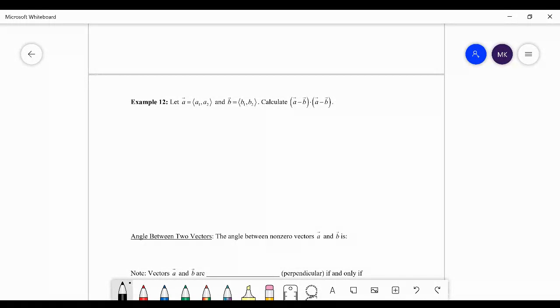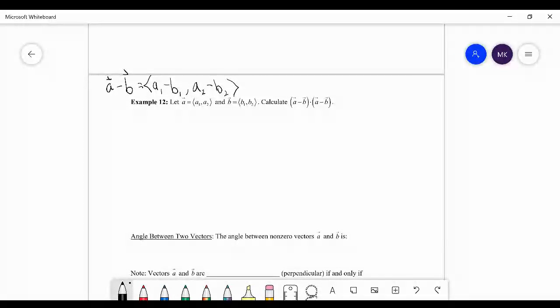The first thing we need to do is find what is A minus B. Okay, well, the vector A minus the vector B is simply equal to A1 minus B1, A2 minus B2. Just component-wise, very simple.